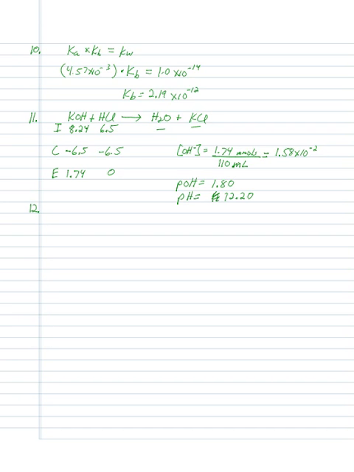So for number 12, since we're just reacting an acid and a base, actually it wouldn't matter if it's strong acid, strong base, or weak acid, strong base, because we're going for neutralization, and it doesn't matter whether it's strong or weak. It's going to take the exact same volume to neutralize the amount of acid and base.